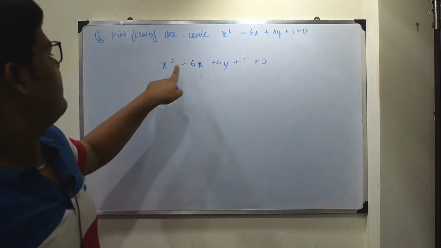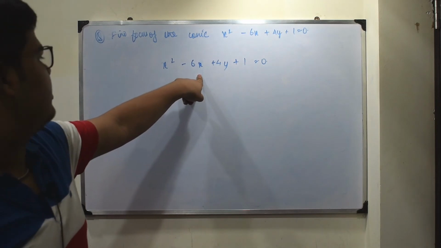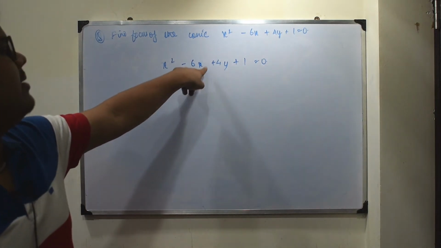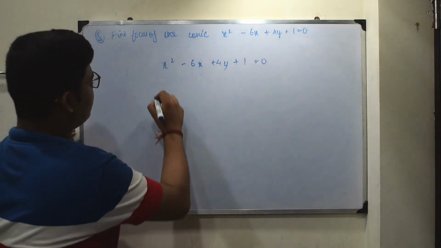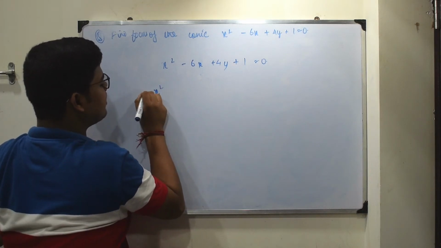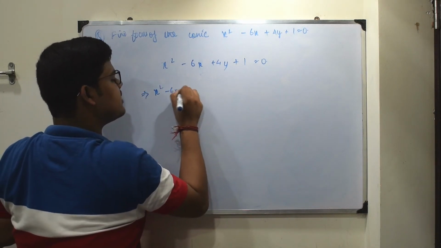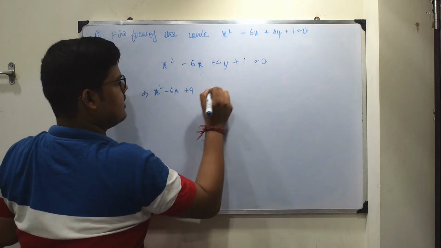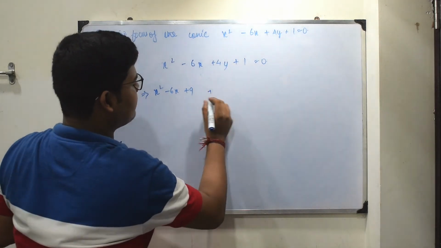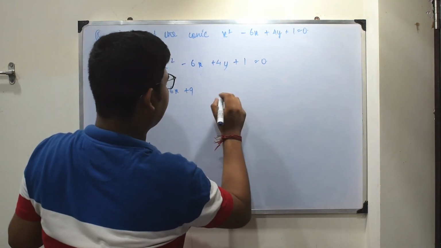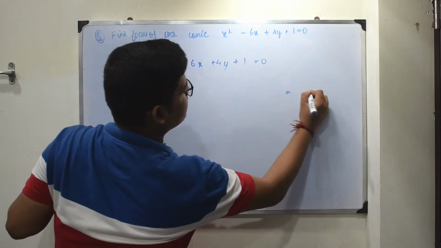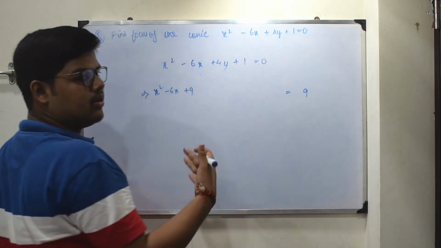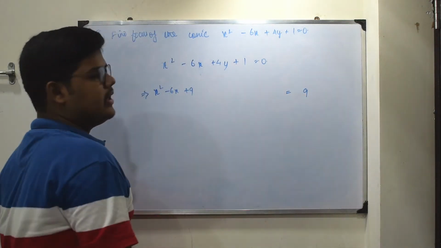Now x square minus 6x, or 2 into 3 times x. So if we can bring x square minus 6x plus 9, and for this plus 9 we have to also do minus 9. So we are doing it over here in the right side. We are not writing the minus, we are just simply writing 9.